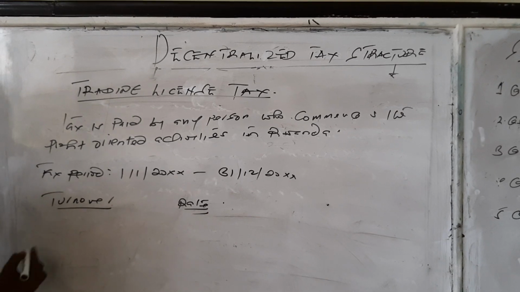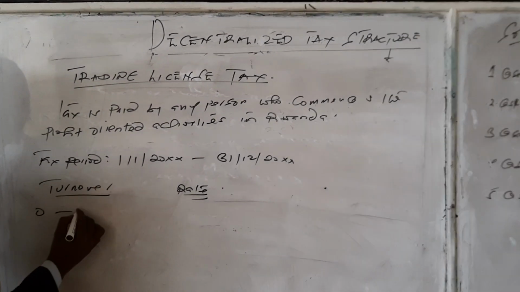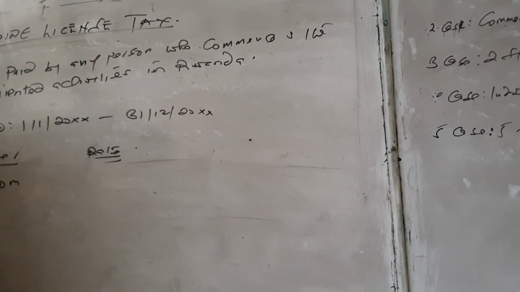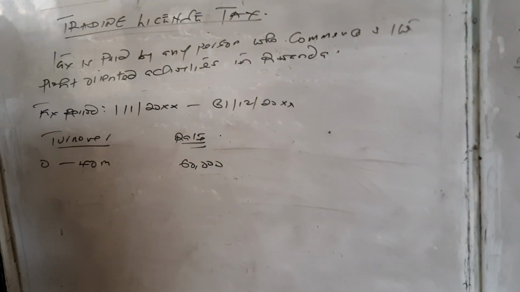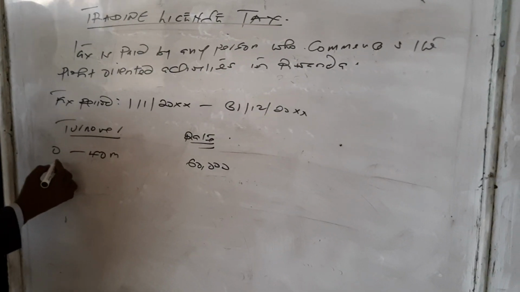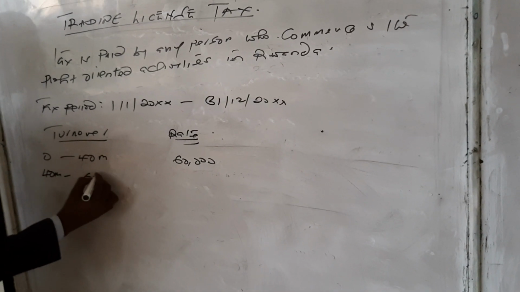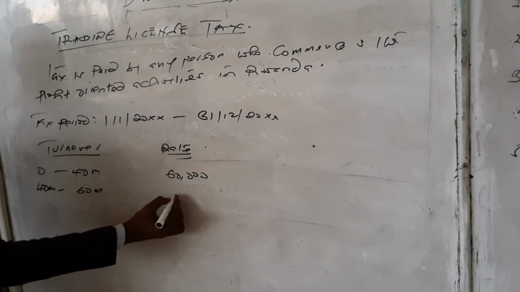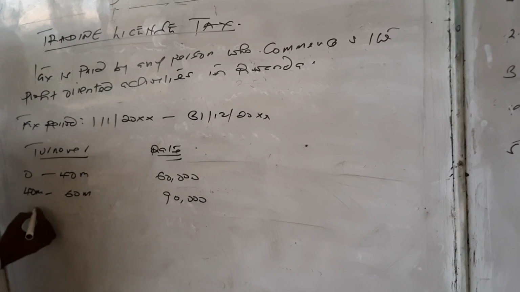For a turnover between 0 to 40 million Rwandan francs, you pay a tax of 60,000. Between 40 to 60 millions, you pay 90,000.